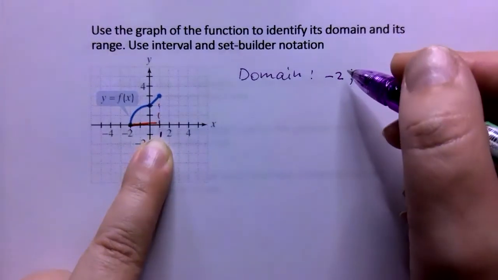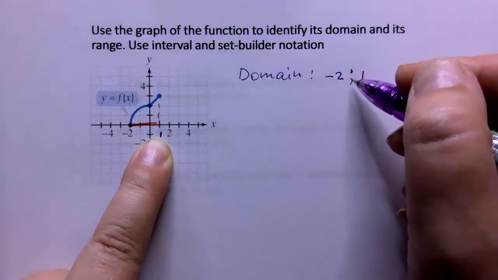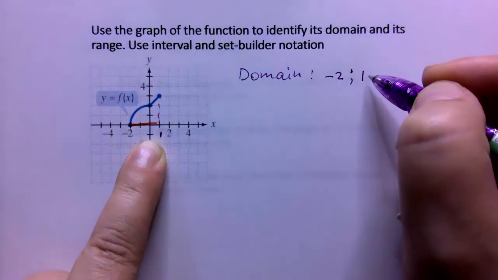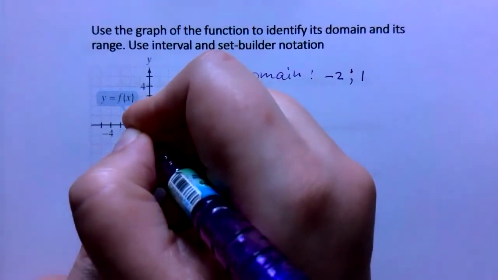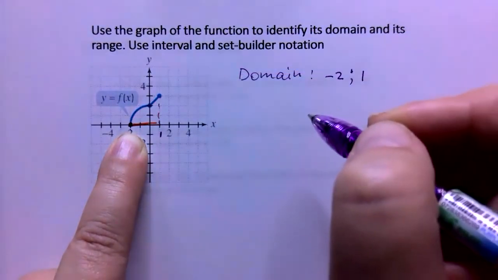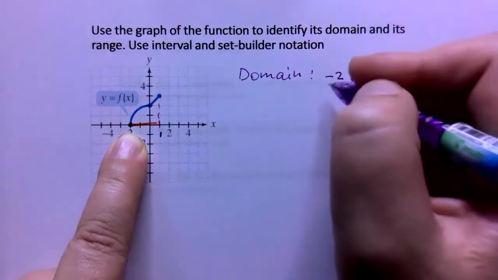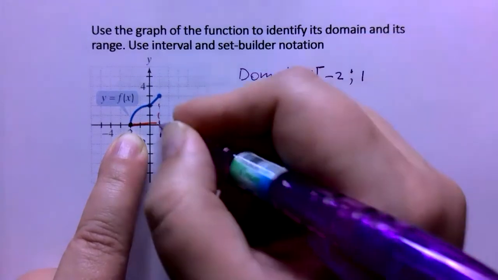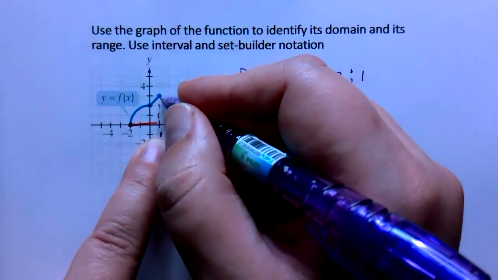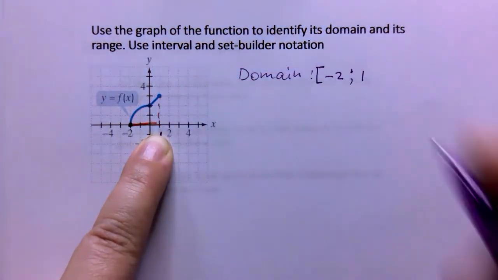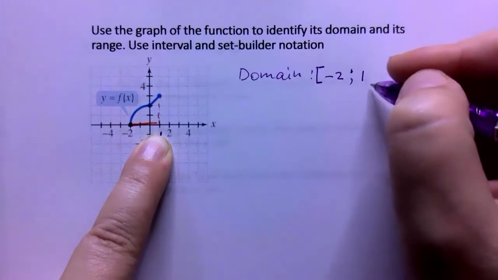Then you have to specify whether you're including the endpoints or not. The solid dot right here indicates that the endpoint is included, so you put a square bracket by it. The 1 is also included, so we would put a square bracket by it.